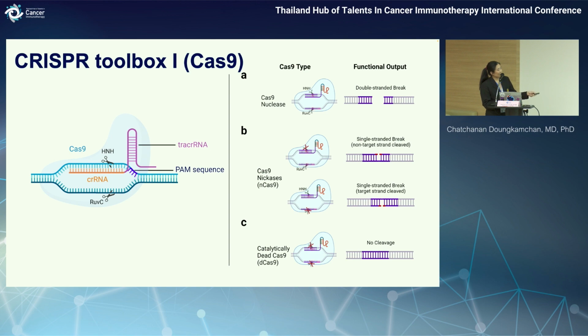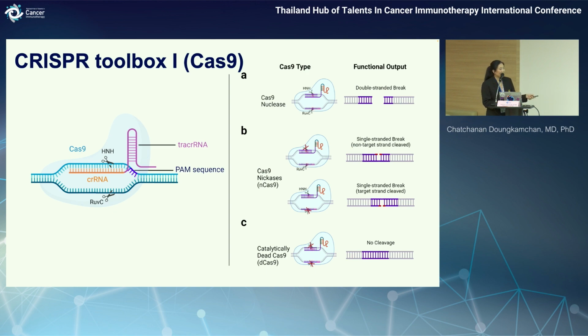And as you probably can see here, the second modification of Cas9 is the Cas9 nickase, or the nCas9. It's simply, if you mutate and make one of the endonuclease sites dysfunctional, then instead of getting the double-stranded break, you're going to get a single-stranded break, or nicking.